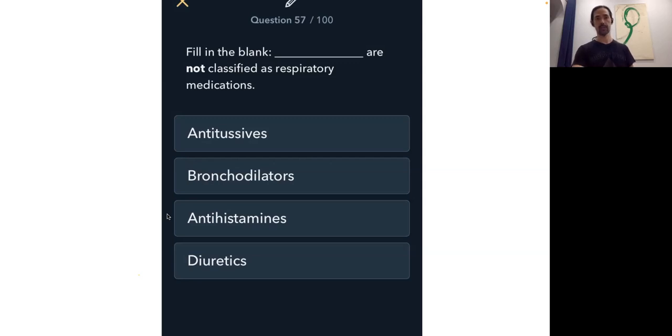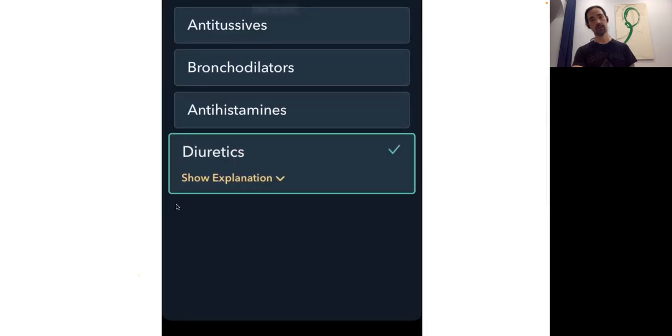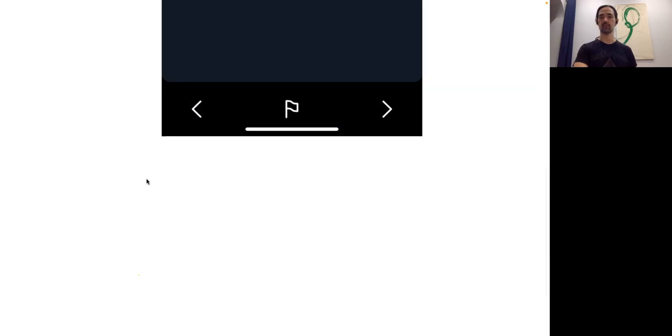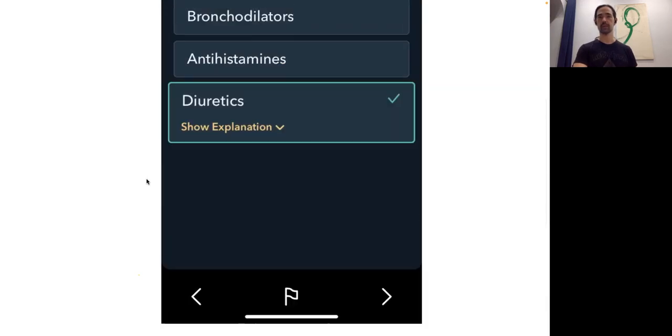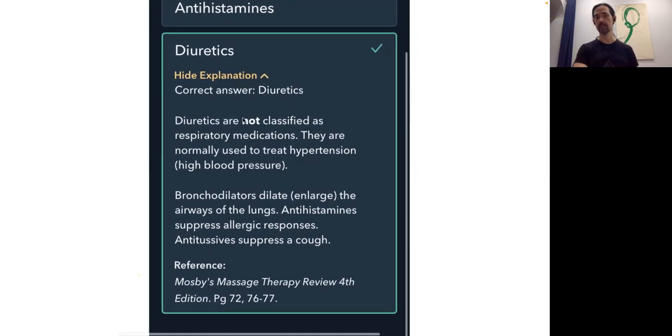Diuretics are medications which make you pee. They allow higher passage of water from the body, right? So they can be very useful if you want to reduce blood pressure, for example, or swelling. But they're not classified as respiratory medications. They're normally used to treat high blood pressure.